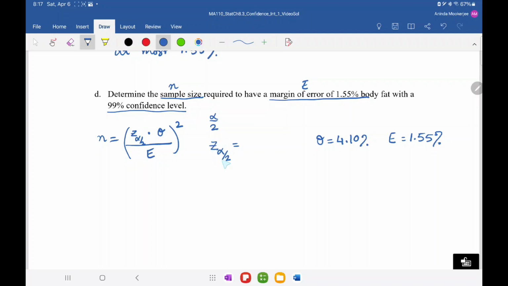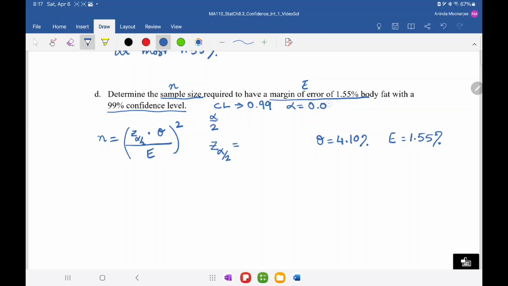So let's figure out what alpha by 2 is, and therefore what Z of alpha by 2 is. Now, when we are using a 99% confidence level, then CL, all right, read this as confidence level. Remember, we said that we use the percentage format when we talk about the interval. For the confidence level, it's 0.99, correct? So 99% converted to decimal. So if CL is 0.99, then alpha is 1 minus 0.99, which is 0.01.